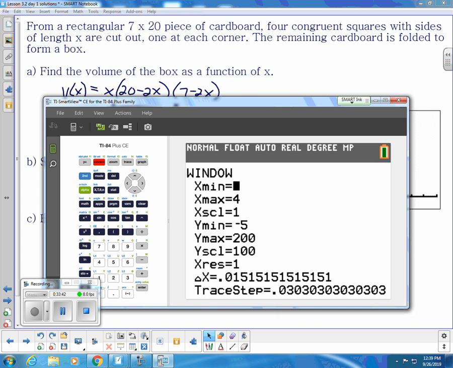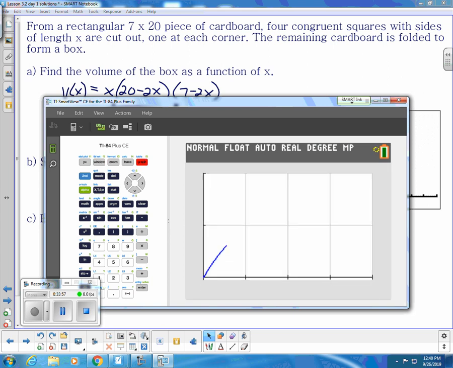My domain really less than 3.5 is what it should be, but we're not going to go halves. The max, I just put 200. It doesn't really matter what the max is. You can estimate a max by putting in about half your domain or whatever. And we're going to go to graph it. So this is what it looks like.